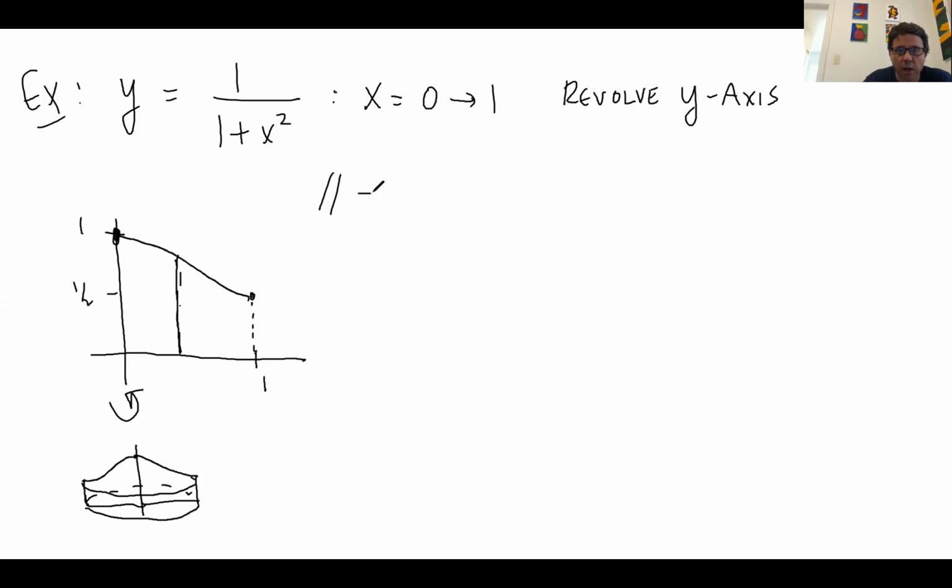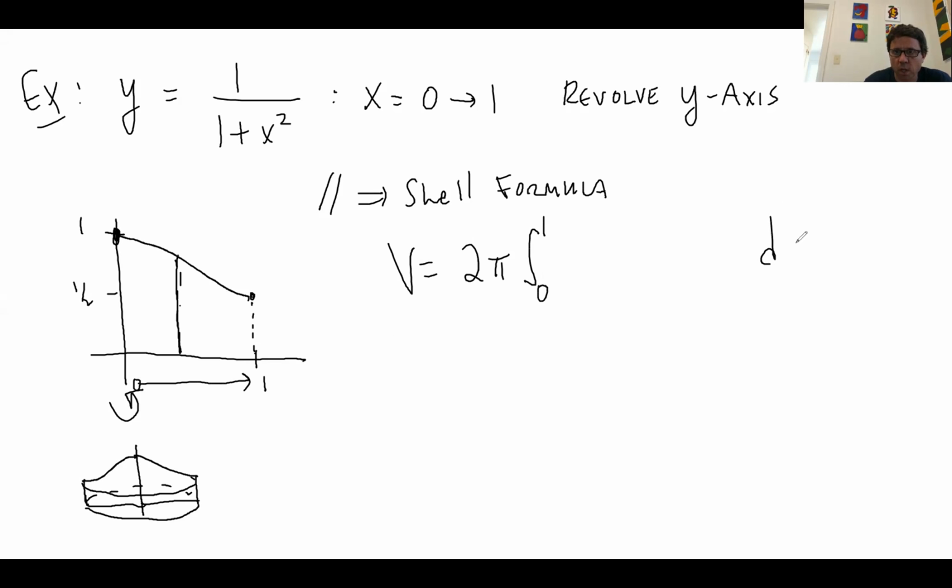So parallel means that we want to use the shell formula. And so that volume will be 2 pi times the integral. These things are still going from 0 to 1. I just have to figure out my radius function and my height function.